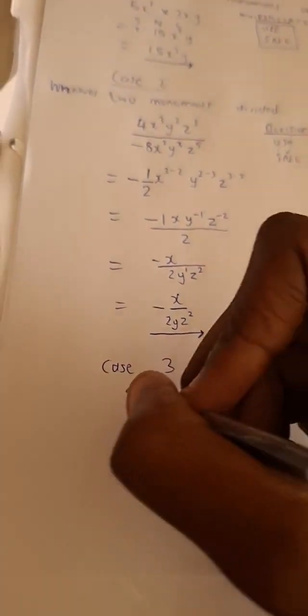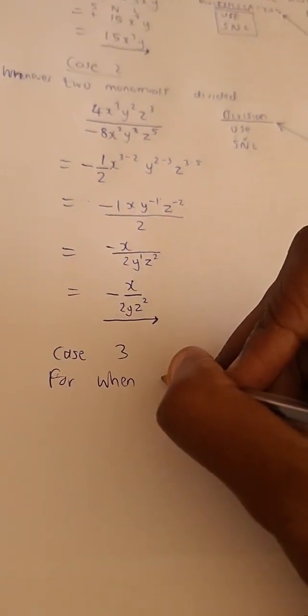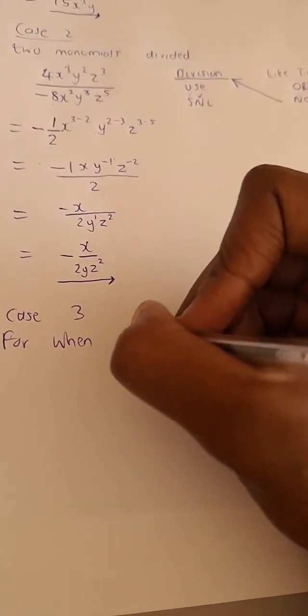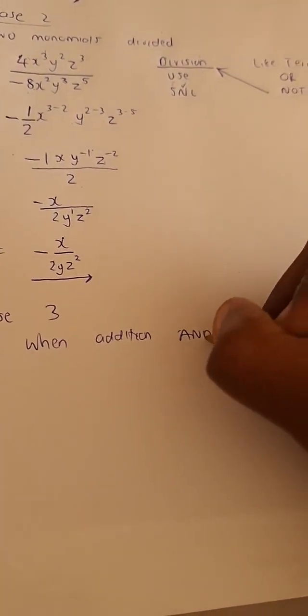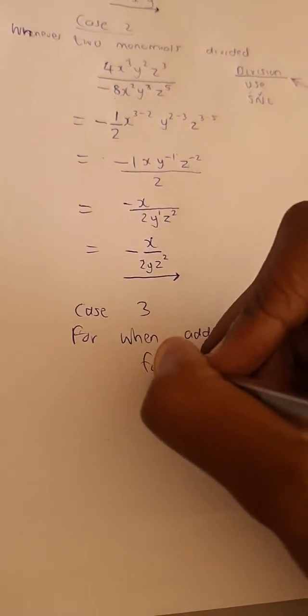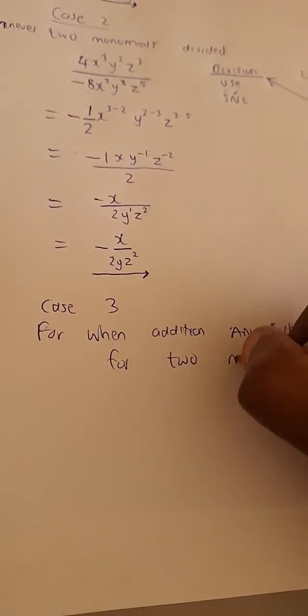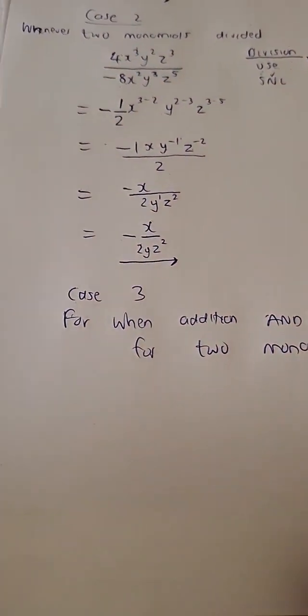Case 3. For when we have addition and subtraction for two monomials, what is the deal?